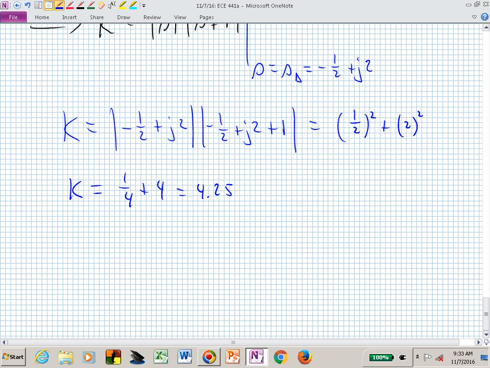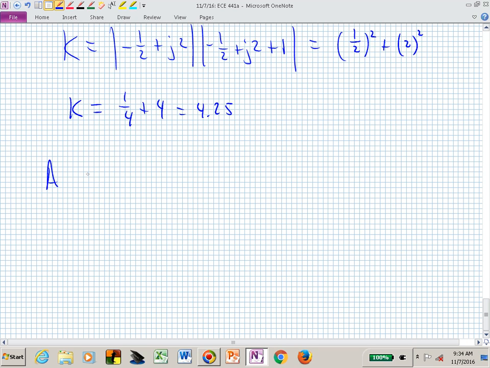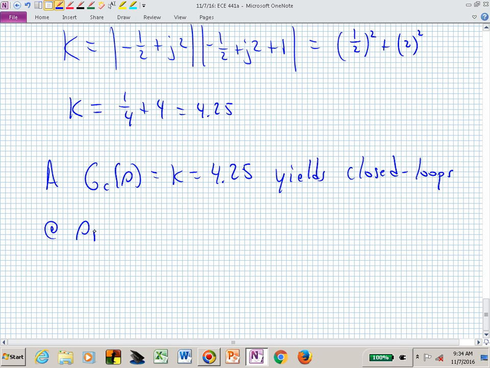And what have you found? Now you have a controller that gets you to closed loop poles at minus 1/2 plus and minus j2. A G sub C of s equaling 4.25 yields closed loop poles at s delta equal minus 1/2 plus and minus j2.